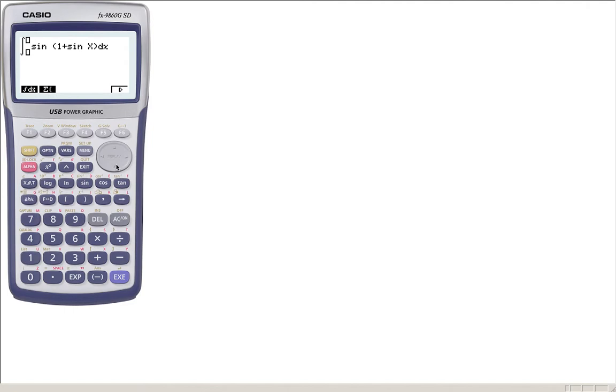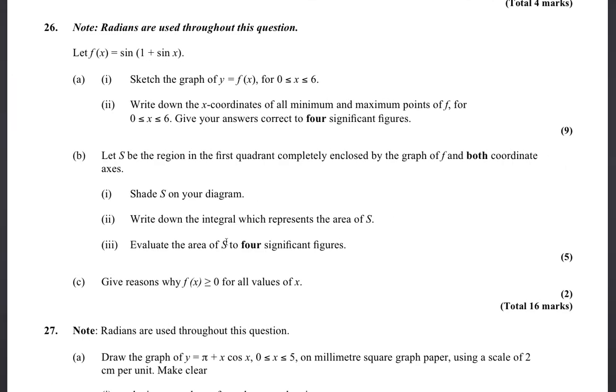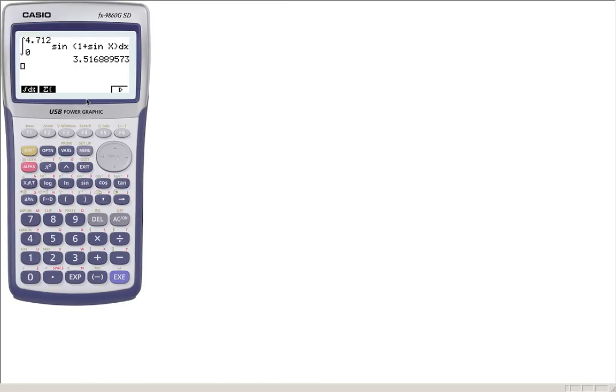So 0 to 4.712. So is the answer 3. They're given 4 significant figures. So the answer is 3.517, students.